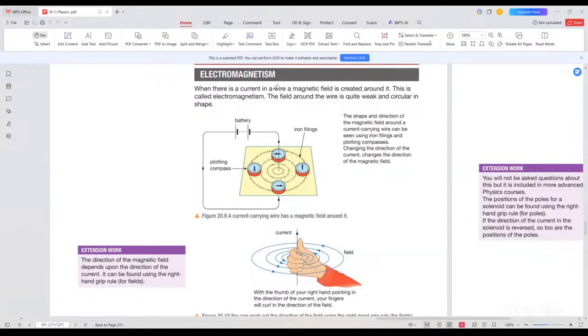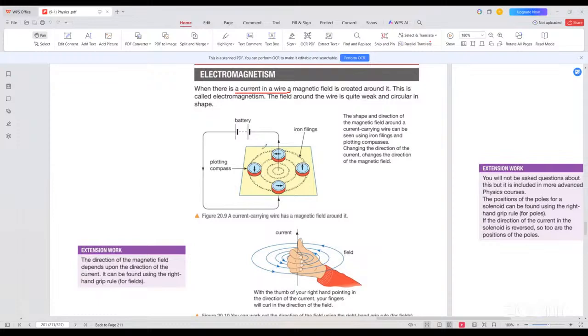When there's a current in a wire or any sort of conducting material, current in a wire, that is the most crucial part. You need to have a current going through the wire. It won't be just a wire. If you have just a wire, there won't be a magnetic field generated.